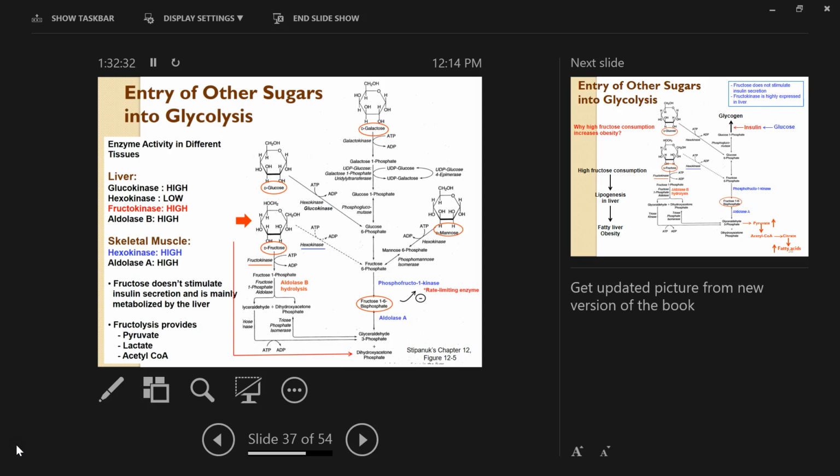That means when lots of glucose is being oxidized to generate intermediates, for example fructose 1,6-bisphosphate, when its level or concentration increases due to the high levels of glucose metabolism, this intermediate can inhibit this key enzyme.